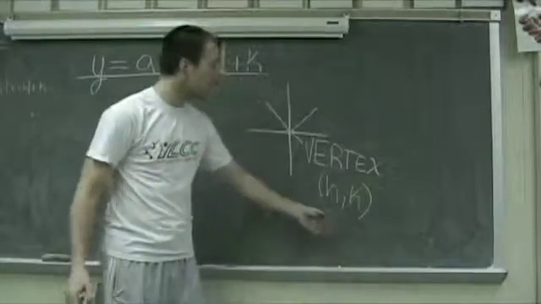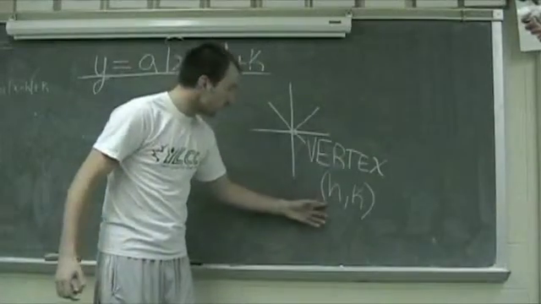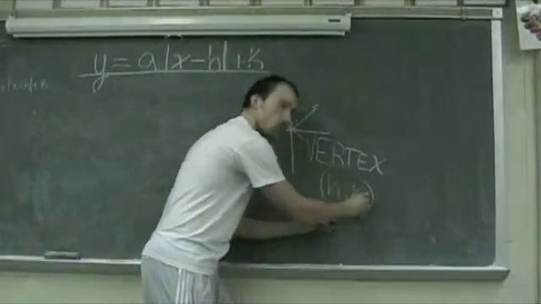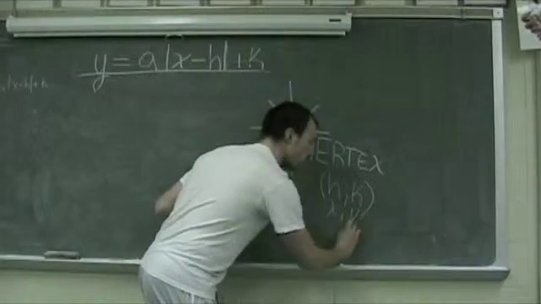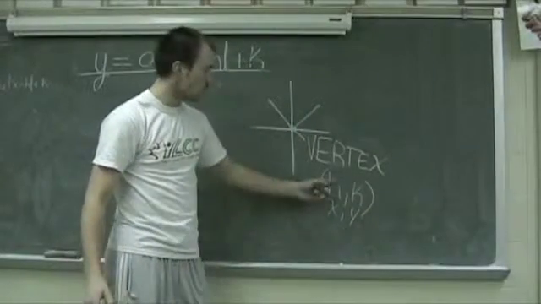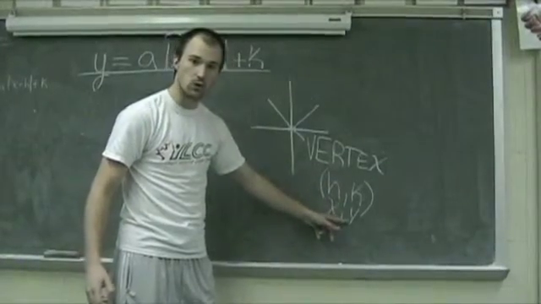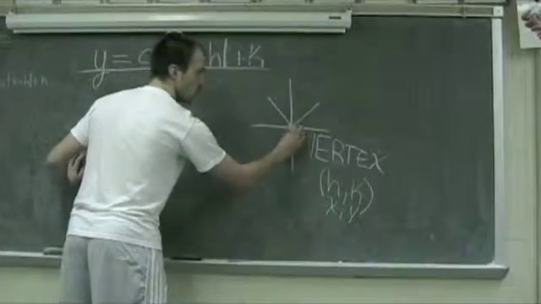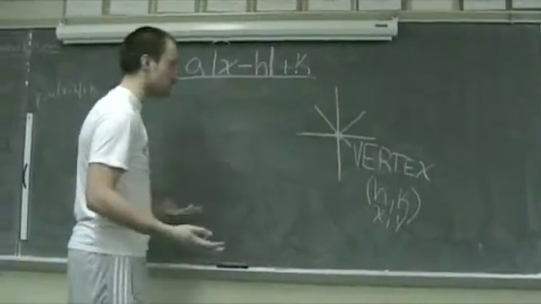To keep this straight, you might think h and k are right next to each other in the alphabet. Well, it's h-i-j-k, oh well. It's h before k, just as we have x before y. So h is always going to be associated with x, and k is always going to be associated with y. Our vertex, or this corner point, will always be at h, k, no matter what those values are.